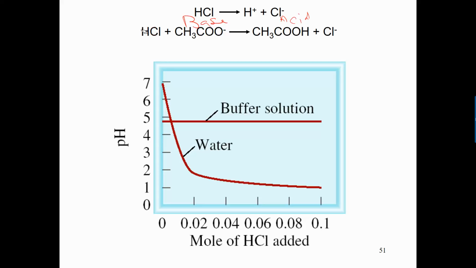HCl is an acid, but we added HCl, and they're just saying it's reacting with the base and producing more of the acetic acid. So as it reacts, it produces more acetic acid, and then we can recalculate those concentrations. I don't know if that's what you're asking.